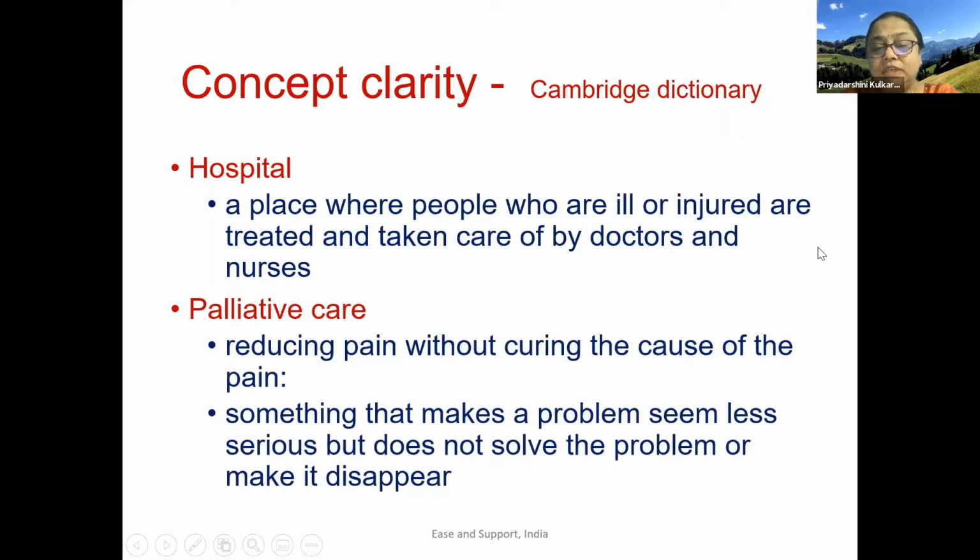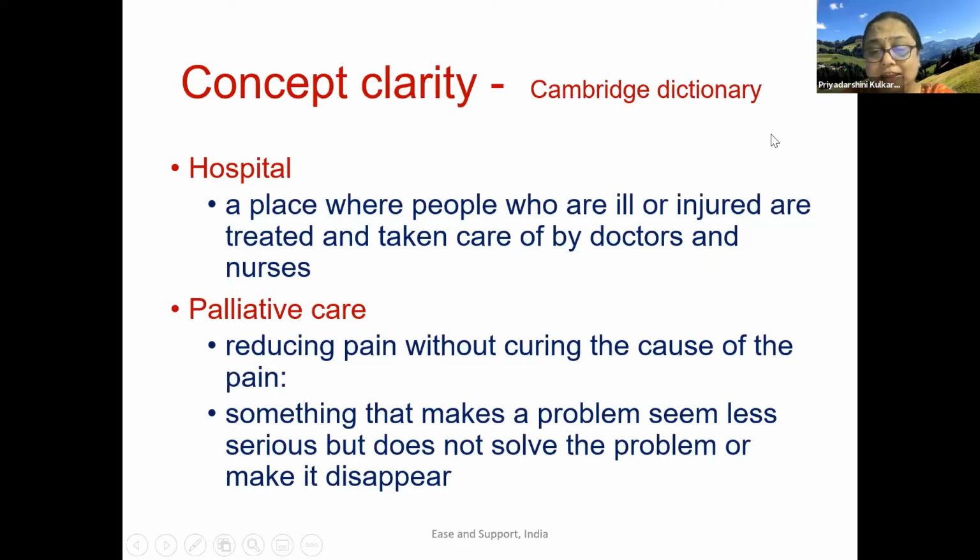means reducing pain without curing the cause of pain, or something that makes a problem seem less serious but does not solve the problem or make it disappear. Again, when I went through these, I was not really happy, because how can you say that palliative care is not doing enough, or that we are just reducing pain without curing the cause, which is partly true.